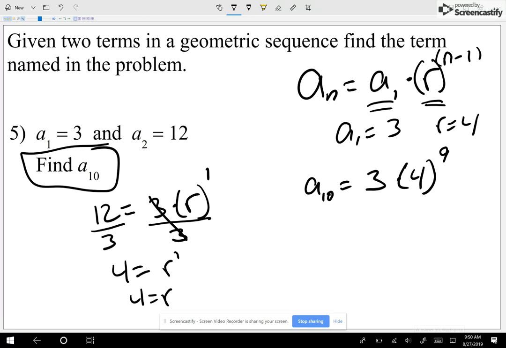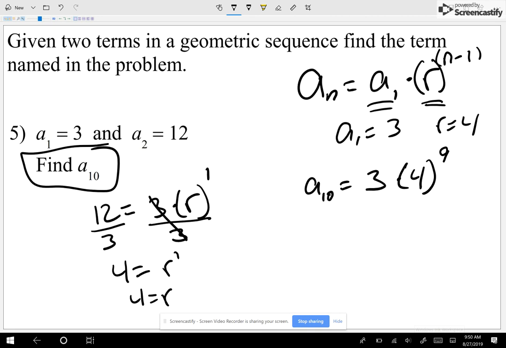I'm just going to calculate this. Let me grab my calculator. I'm doing 4 to the 9th. It tells me it's 262,144. My result, I'm going to multiply it by 3.